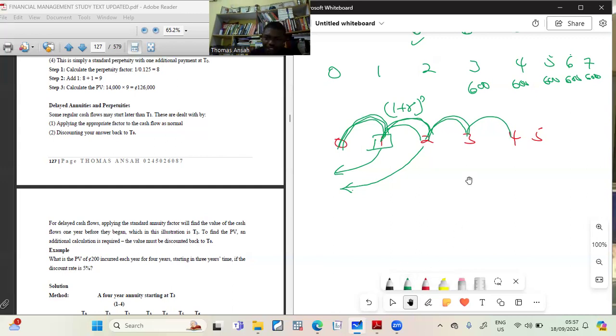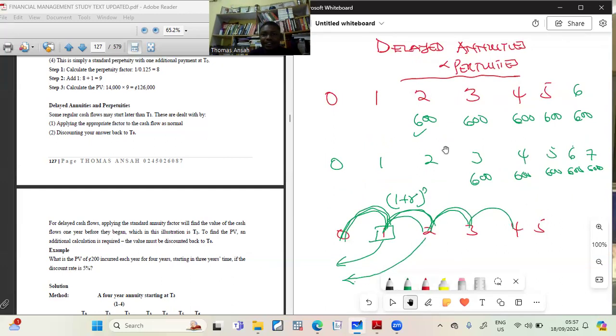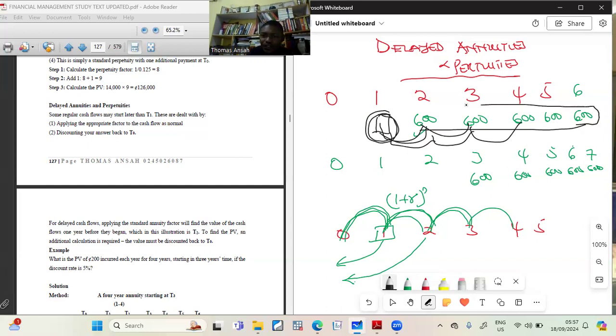Now come to this one. It is delayed. That means that every PV that you do will just be here. So 1, 2, it will come here. 1, 2, 3. So in a delayed annuity, when you PV with the annuity factor, the answer that you will be getting will be positioned at year 1.